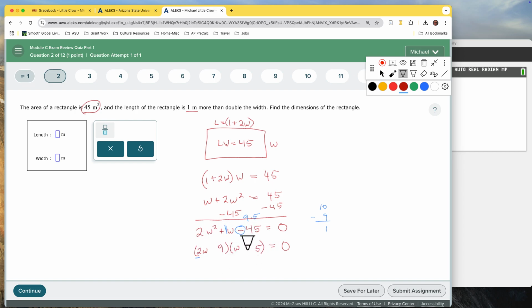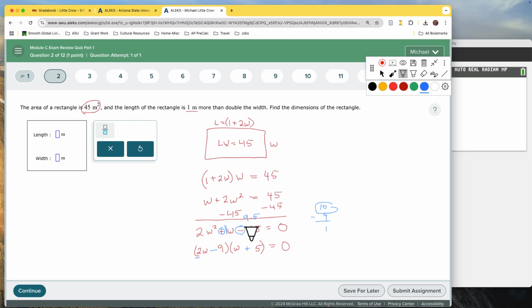Now, since it's negative, one number has to be positive, one has to be negative. The middle term is positive, so the one that's bigger needs to be positive. The 10 is what we need to be positive. So 2 times positive 5, and the 9 needs to be the negative part.